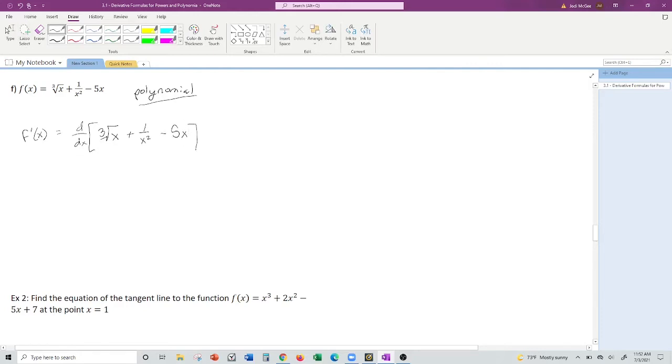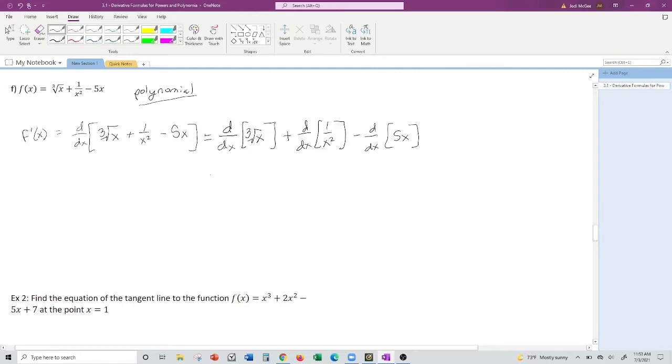We're just going to use a combination of the sum and difference rules to split this into 3 different derivatives to simplify it for us. So now we have the derivative with respect to x of the cubed root of x plus the derivative with respect to x of 1 over x squared minus the derivative with respect to x of 5x.